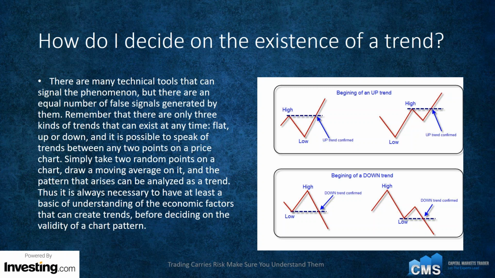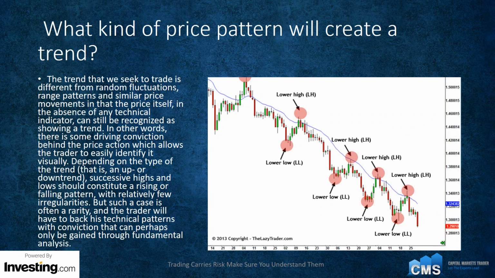Simply take two random points on a chart and draw the moving average on it, and the pattern that arises can be analyzed as a trend. Thus, it is always necessary to have at least a basic understanding of the economic factors that create trends before deciding on the validity of a chart pattern.